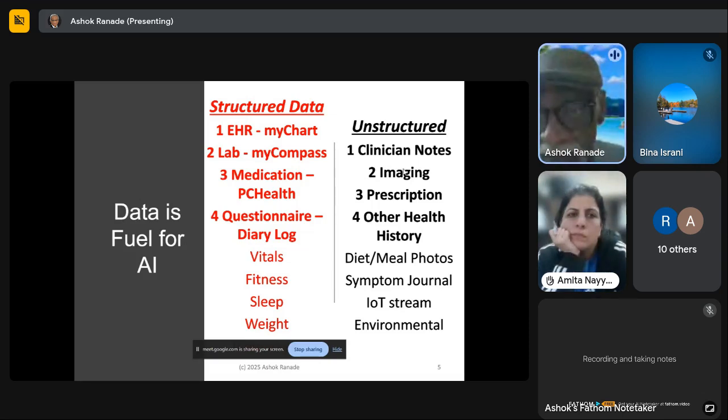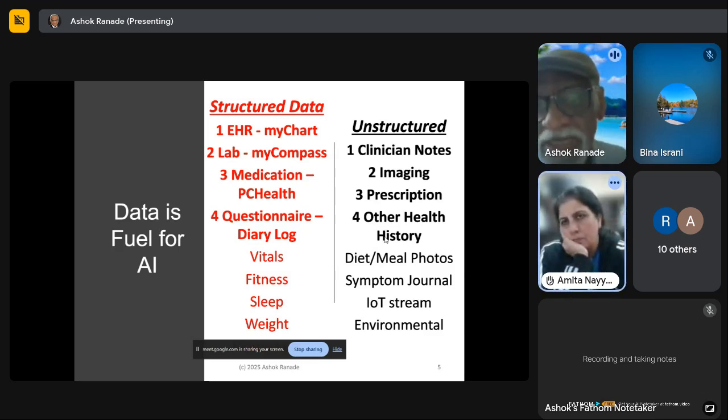So there can be clinician notes, or some imaging scans, and so on. Anything else that you have, you can just scan that information on your phone or with your camera, and those things can also be fed in.